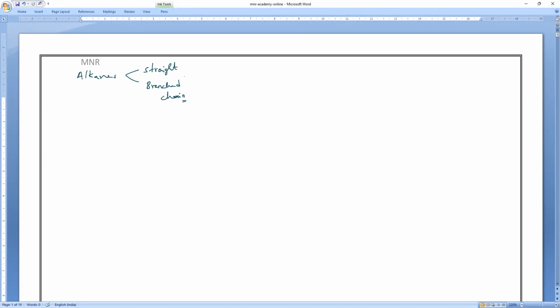If you have taken a branched chain, that's an example of isomers. So always it will start from n equals what? The minimum number of carbons to get a branched chain starts from n equals 4. For n equals 1, 2, 3, it is not possible to form a branched compound.